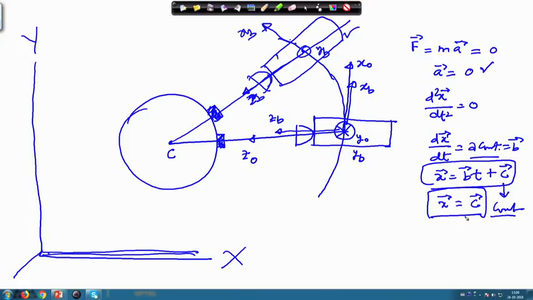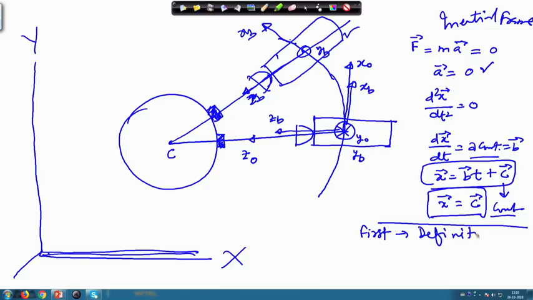Then the question arises, why do we need the first law, if the second law itself states this? The thing is that the second law is defined in the inertial reference frame. So, we are defining the second law in the inertial frame, and the first law is the definition of the inertial frame.